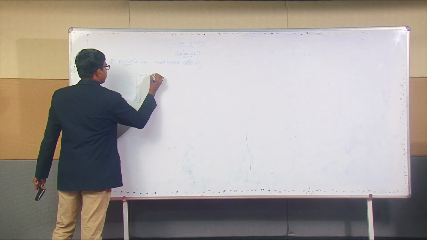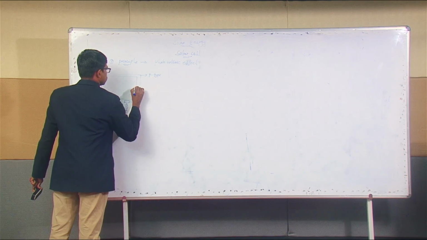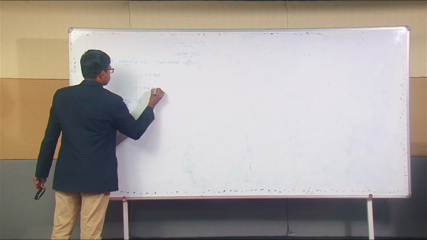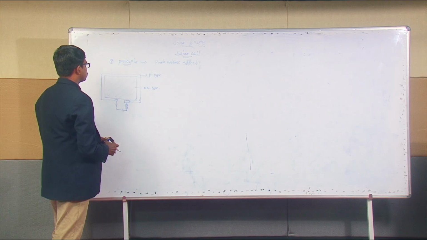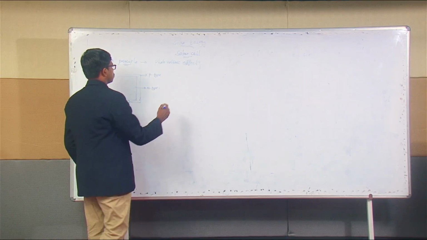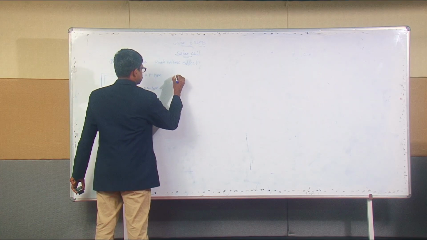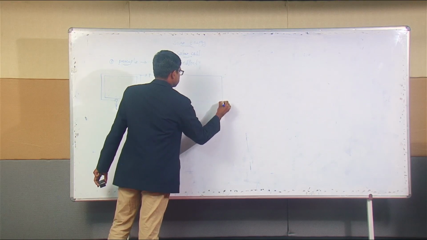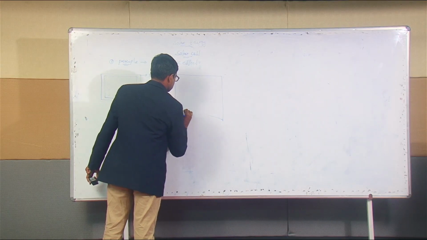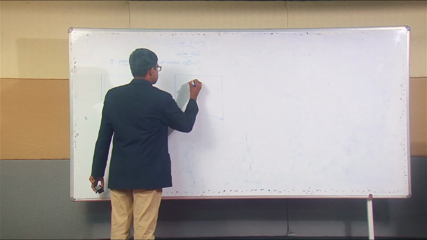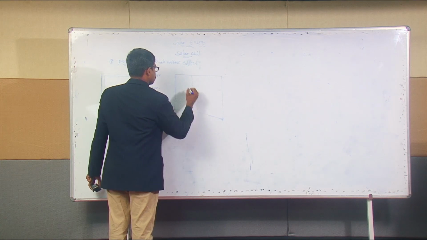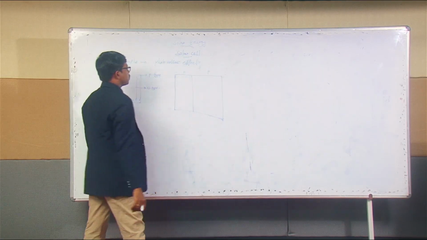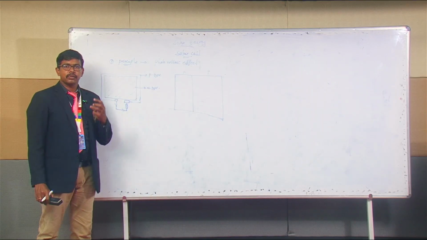Then P type, then N type. So we need to construct a solar cell utilizing semiconductors.